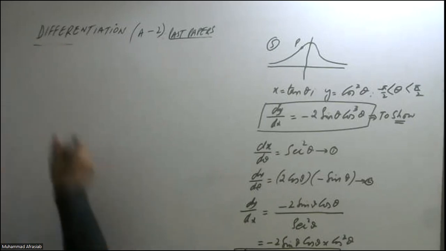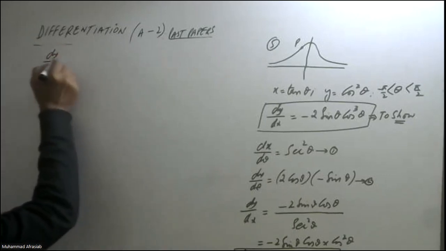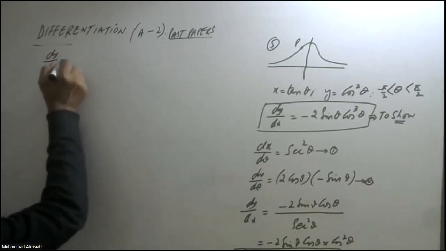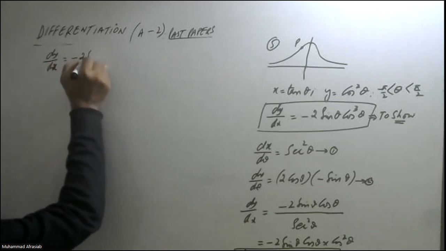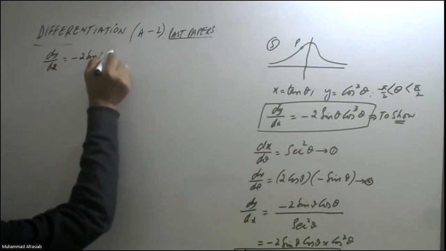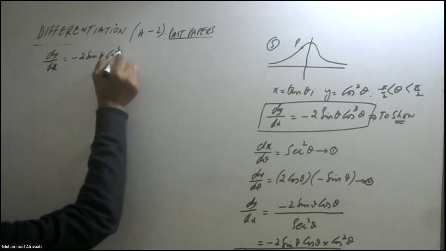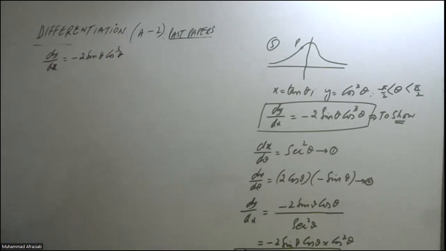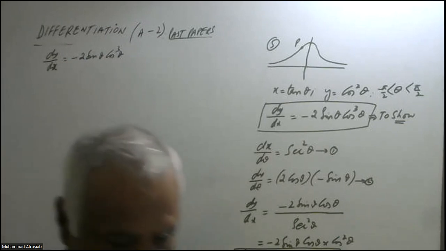So dy/dx is equal to minus 2 sin θ into cos³θ. Now we will move on to the second part.